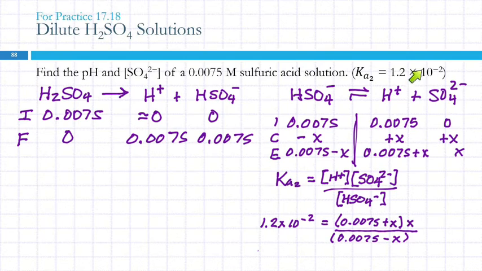This is a relatively large equilibrium constant, and this is quite a small concentration. So "X is small" doesn't work there. So we do need to do the number solver.